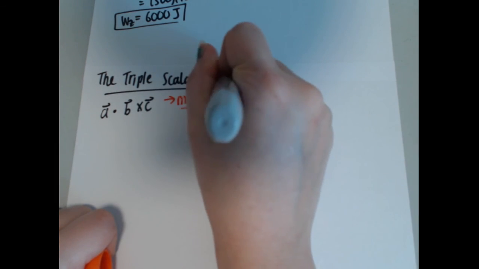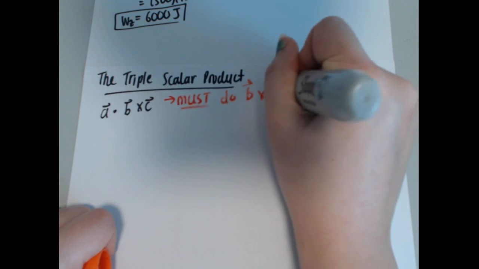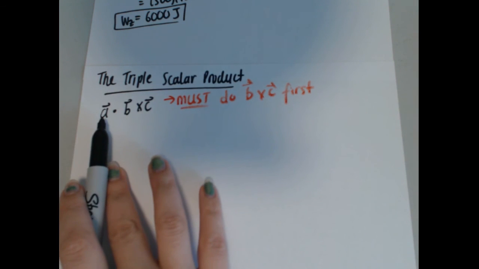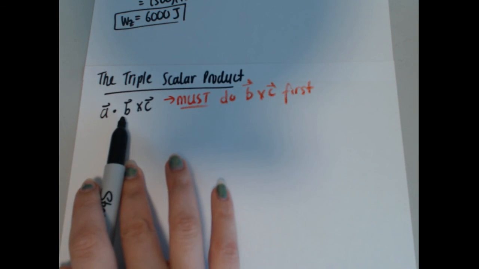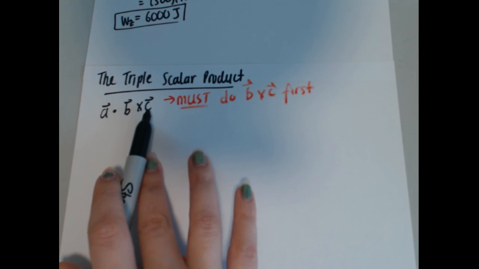You must do B cross C first. Okay? If you forget to do that, you're not going to make a mistake because there is no other way to do this. If you did A dot B, you would get a scalar. You cannot cross a scalar with a vector.